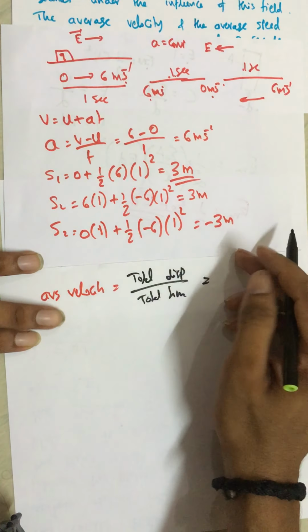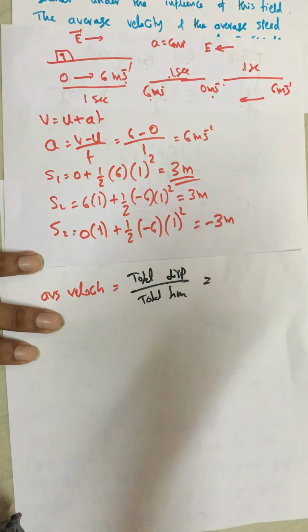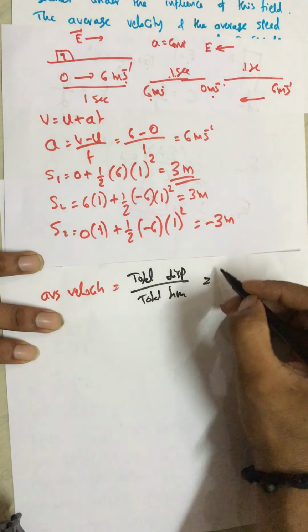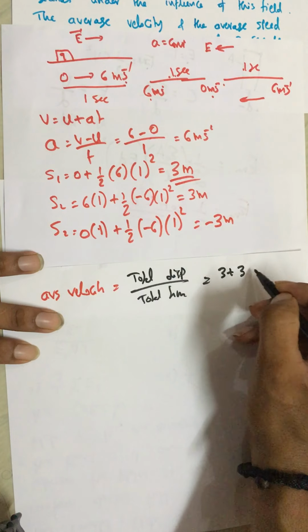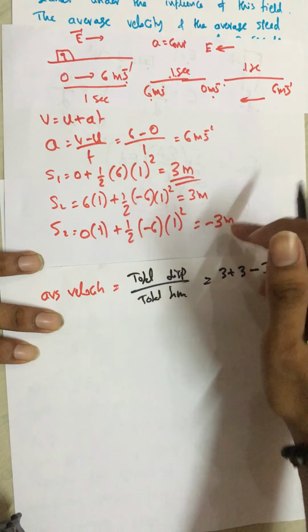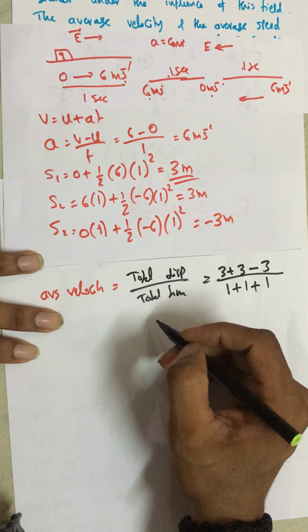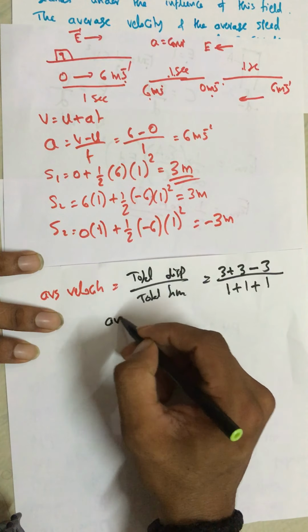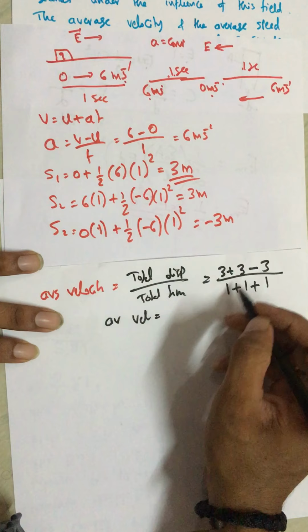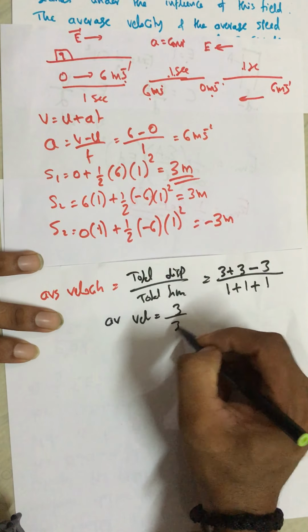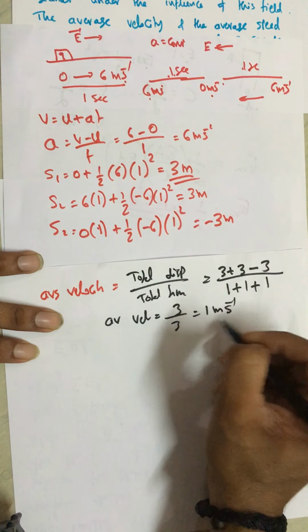What is the total displacement? Total displacement is just 3 plus 3 minus 3, by total time 1 second plus 1 second plus 1 second. So the average velocity is 3 by 3, that is 1 meter per second.